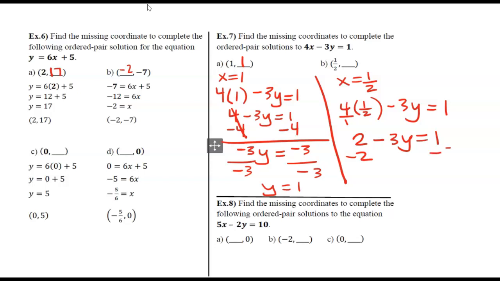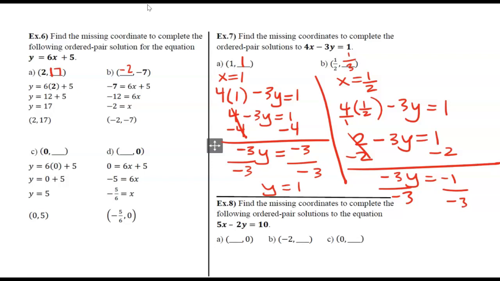We subtract 2 from both sides, and we end up with negative 3y equals 1 minus 2, or negative 1. Divide by negative 3 on both sides, so the final answer would be 1/3. And again, we could substitute this in and make sure that these points come out as true.